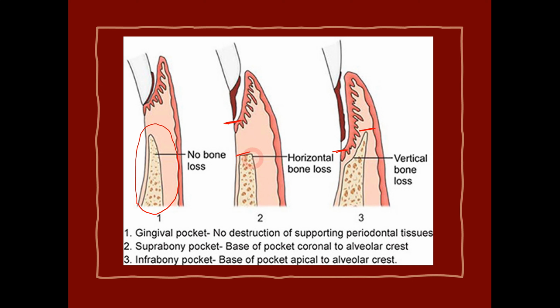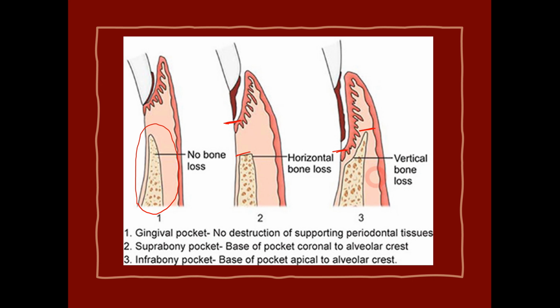Now, why is that? In suprabony pocket, there is horizontal bone loss. However, in infrabony pocket, the pocket is formed in a vertical bone loss manner. So, this is the basic concept that will help you in differentiating supra and infrabony pockets.